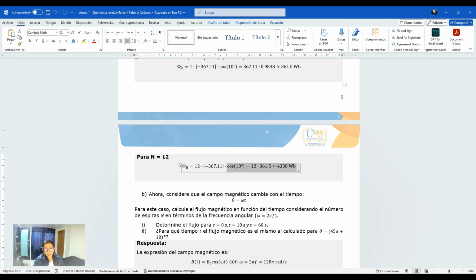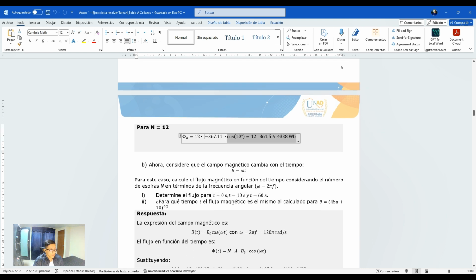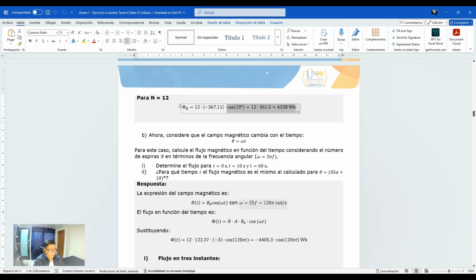Okay, and point B, magnetic flux when the magnetic field varies in time. We consider a time varying magnetic field expressed as B of t equals B naught times cosine of omega t, where omega is the angular frequency.